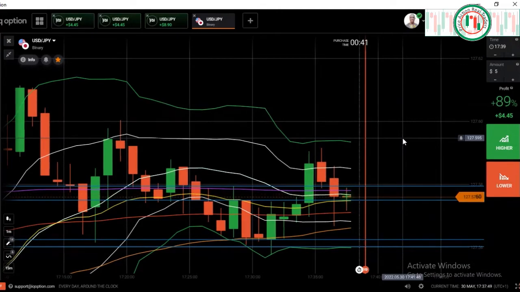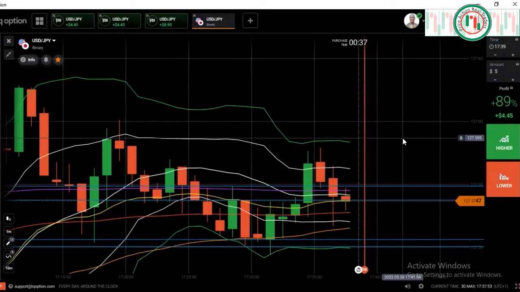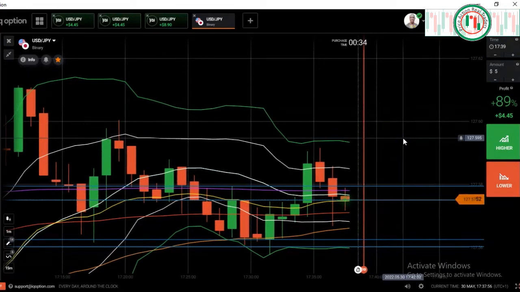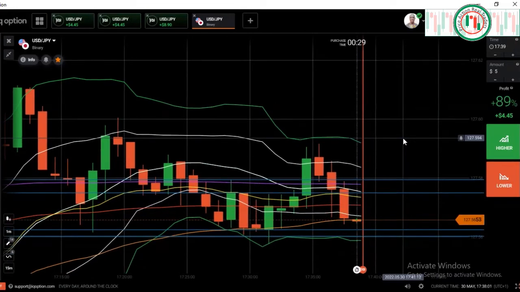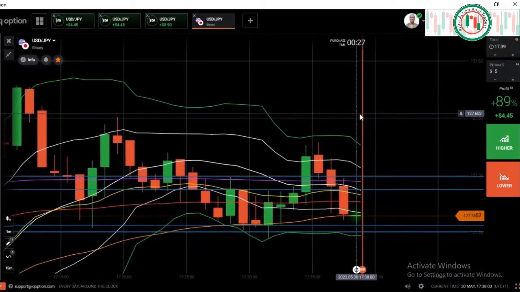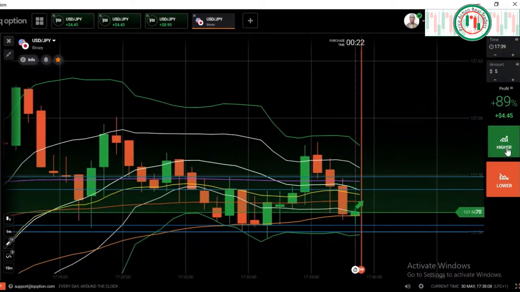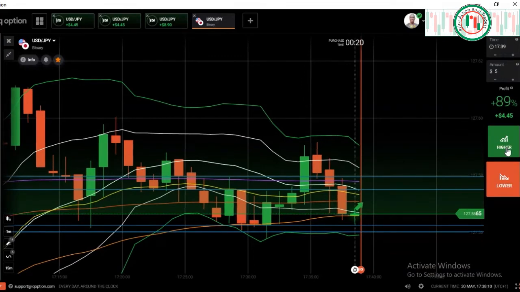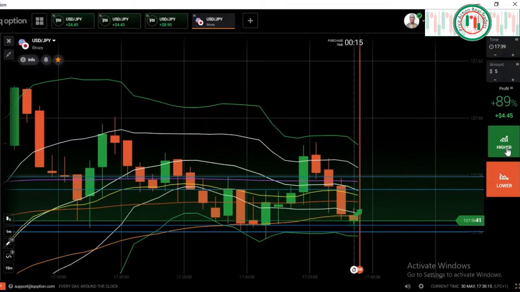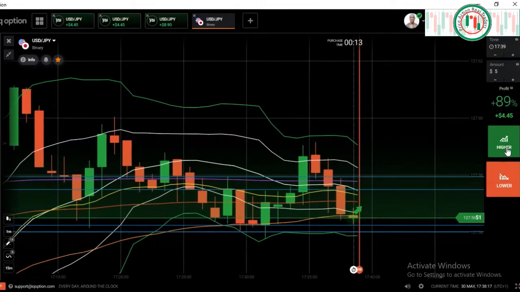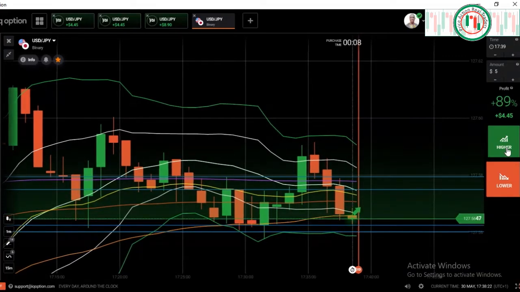The ranging market, so I need lower entry point. If market comes below this zone and rejects, I will place call option down.